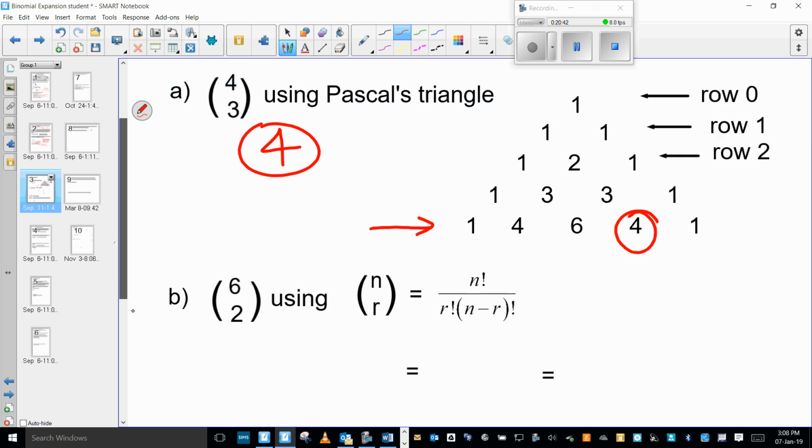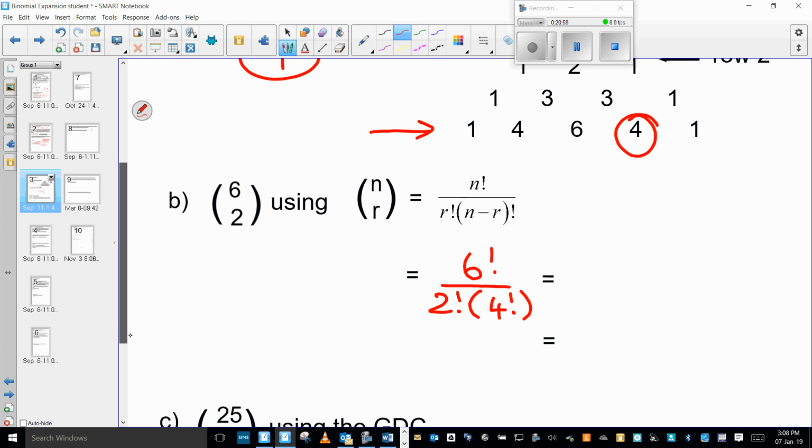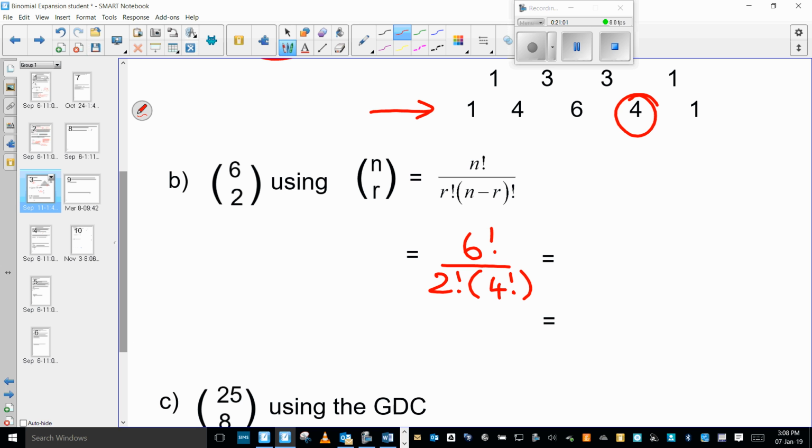Okay. So 6, 2. That would be 6 factorial over 2 factorial multiplied by 4 factorial. I did those subtractions in my head because I'm super speedy. So that's 6 times 5 times 4 times 3 times 2 times 1 on top.